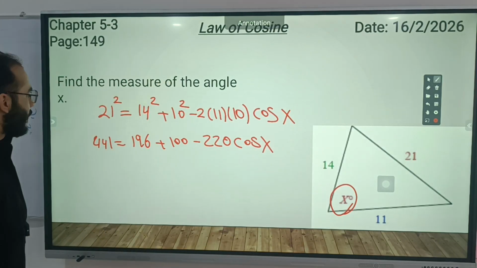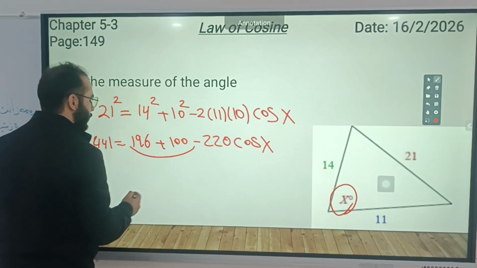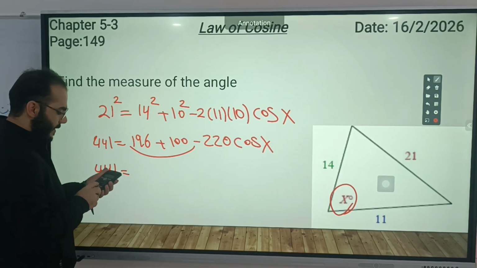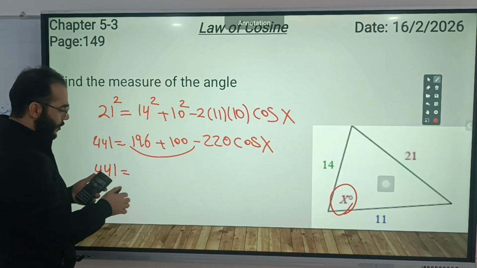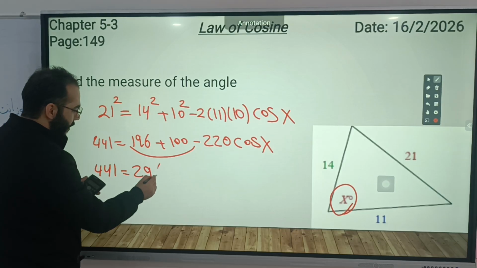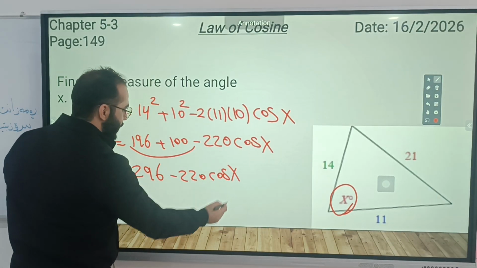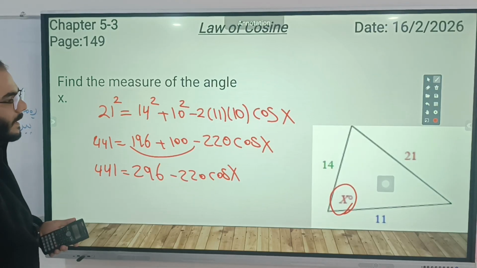Perfect. So right now, add these two. 441 equals 196 plus 100, so it's equal to 296 minus 220 cosine x.